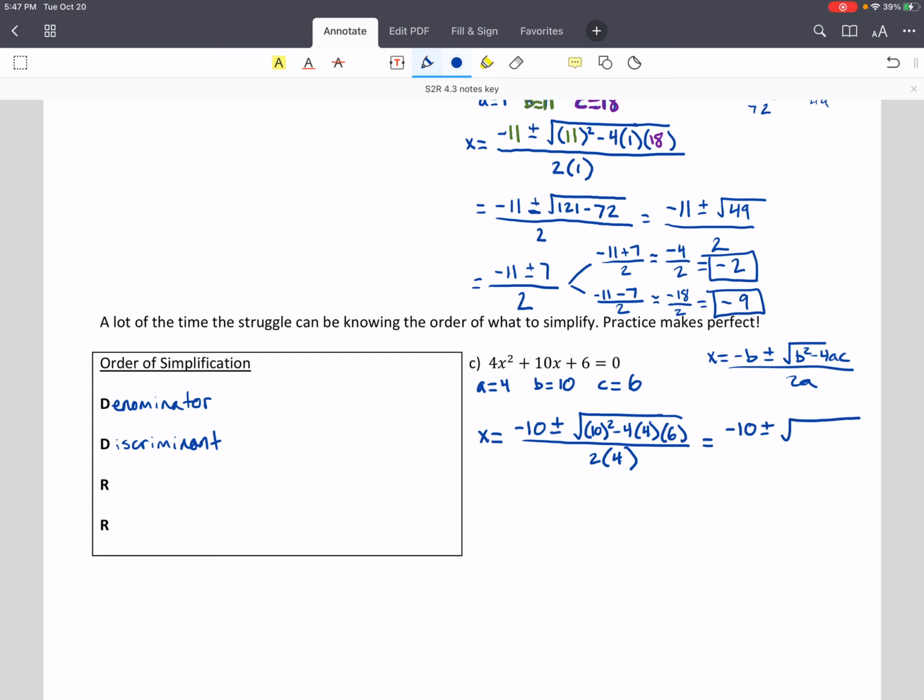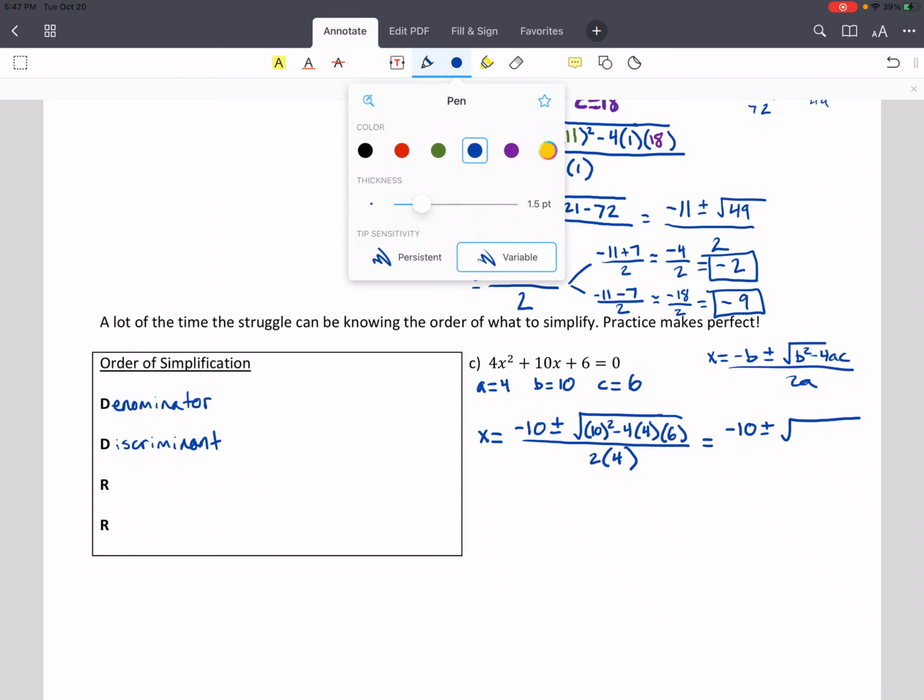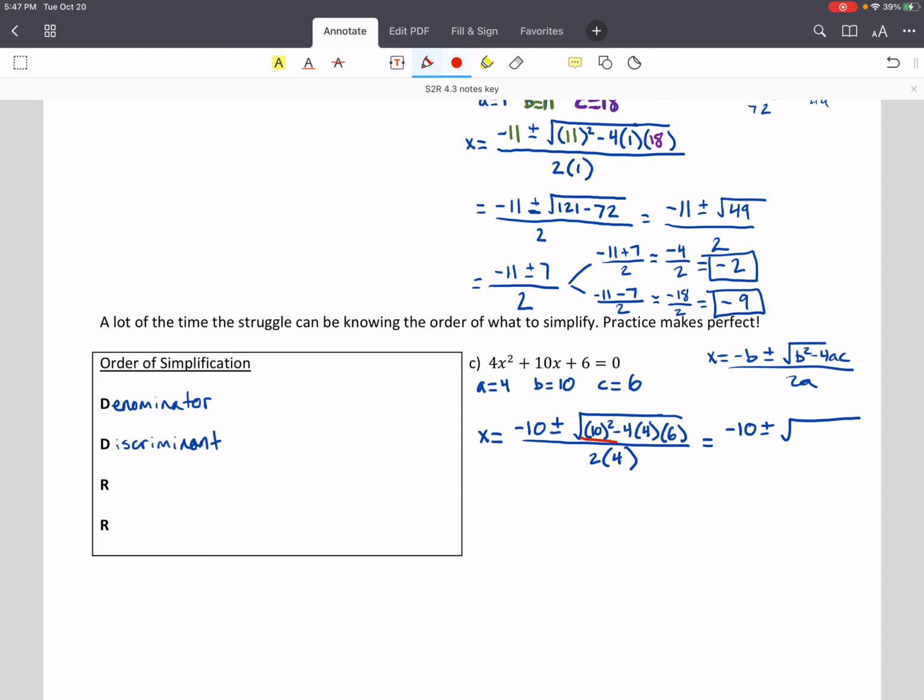Okay, I will say this is a calculator-friendly class. And with your calculator, all this stuff under the radical, you can type that into your calculator. A big thing with that, notice I did not circle the radical itself.